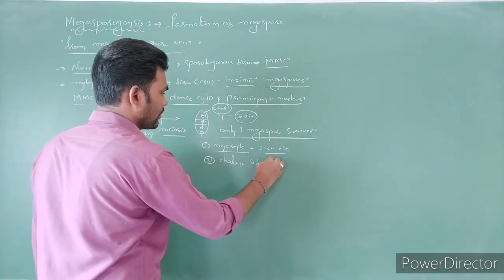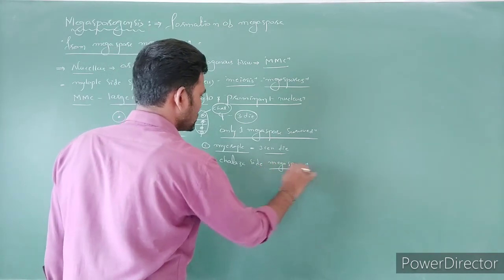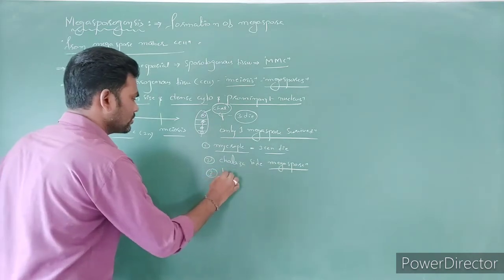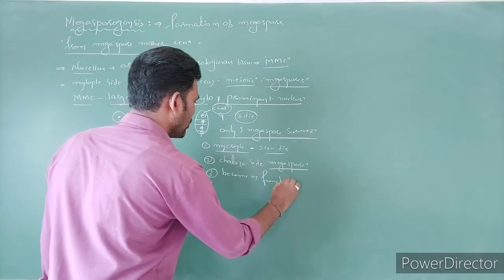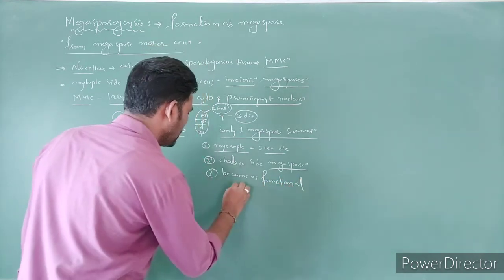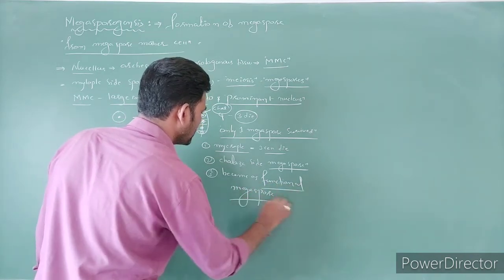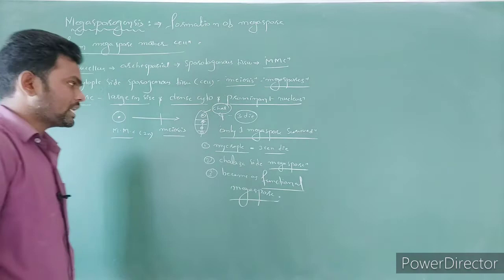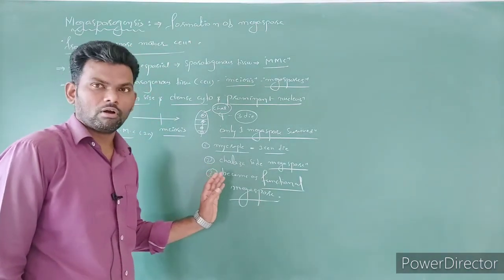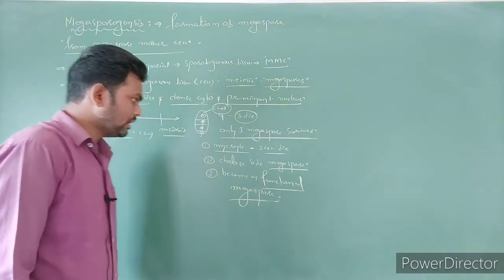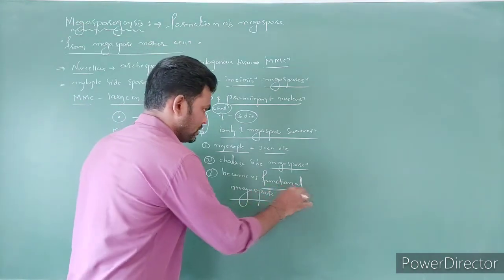The chalazal side megaspore survives and becomes the functional megaspore. This formation of megaspore is called megasporogenesis, the most common type in angiosperms. Next, this megaspore is going to become the female gametophyte.